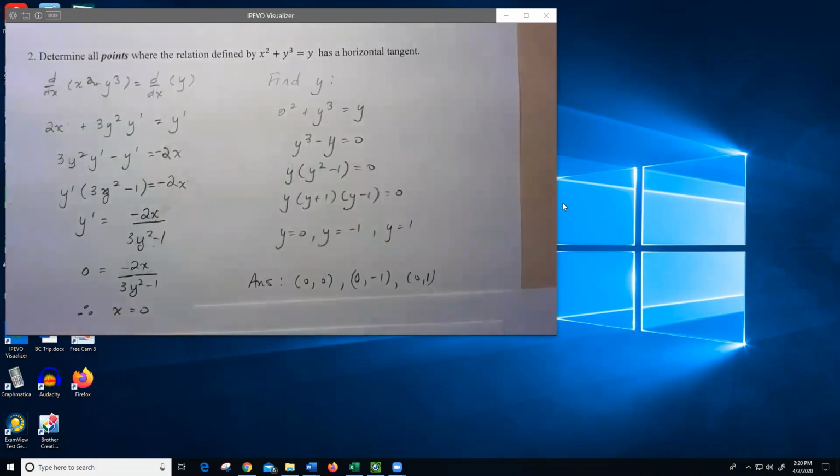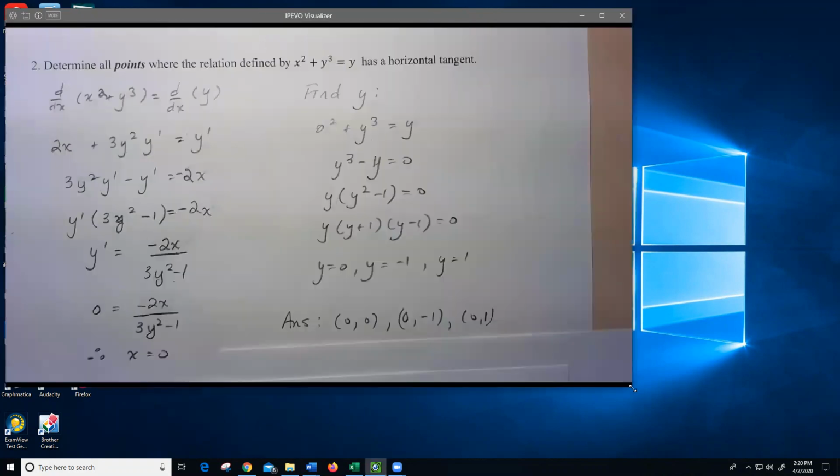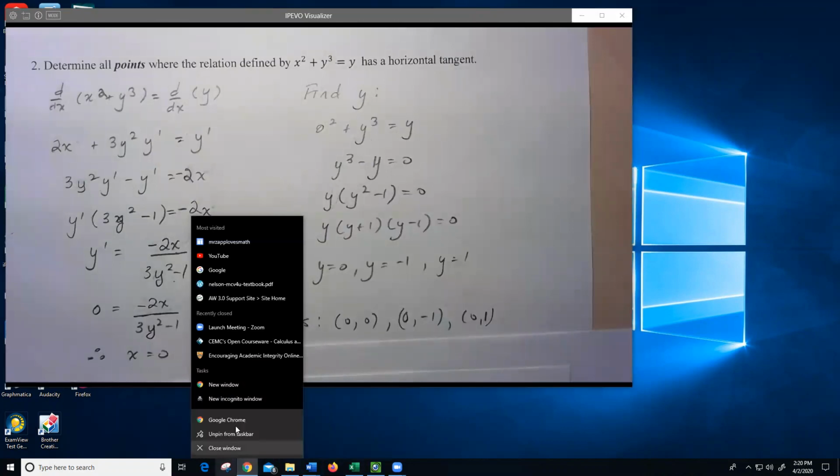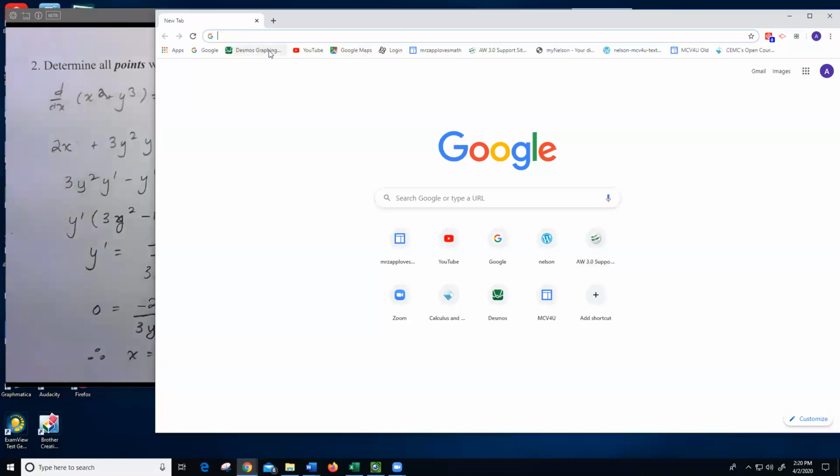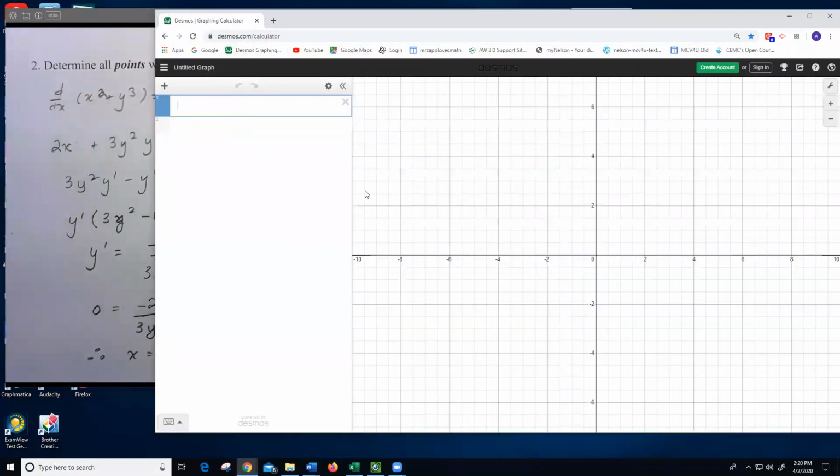And since somebody brought up the idea of this looking crazy on Desmos, I guess we should really take a look at it. We don't want to lose, and I'll show this solution again, although it will be posted. So let's get Desmos, and let's see what we have. We have x squared, get that right this time, plus y cubed equals y.